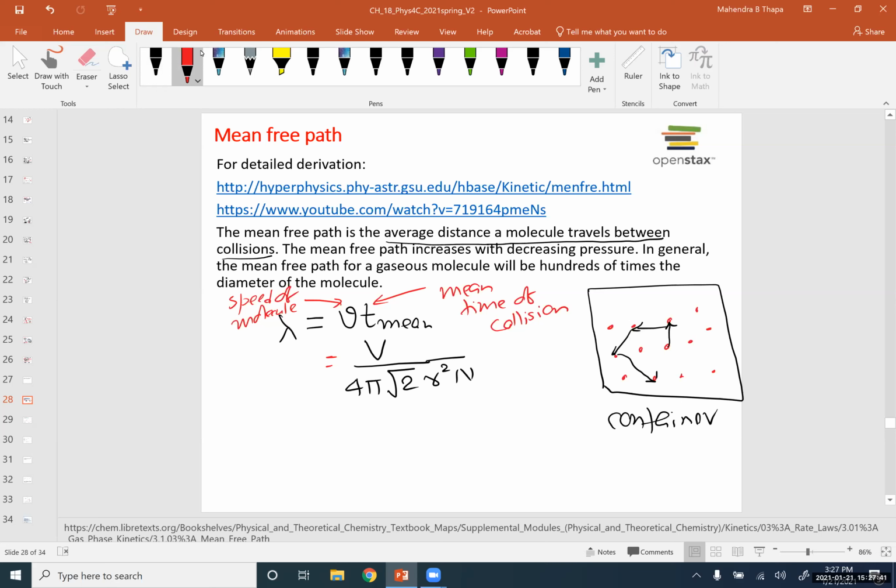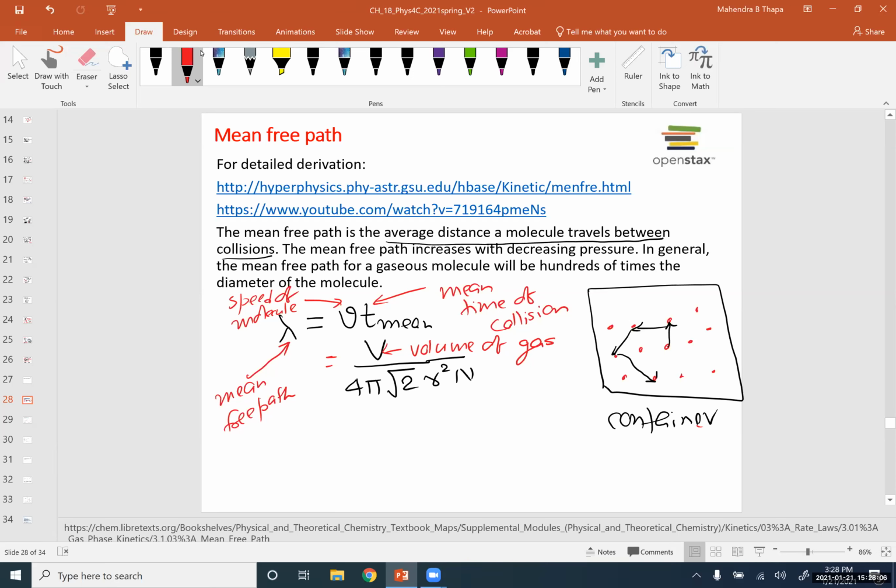This symbol lambda is for the mean free path, and this V is actually the volume of the gas, which is equal to the volume of the container.